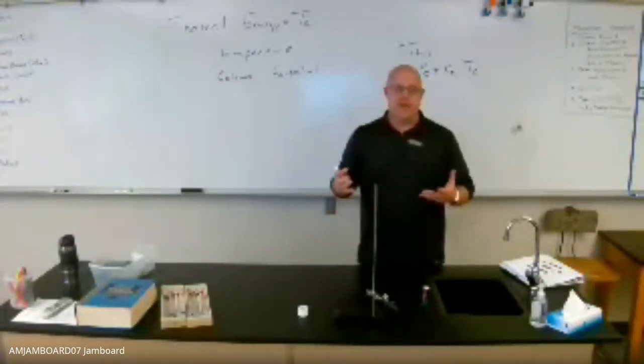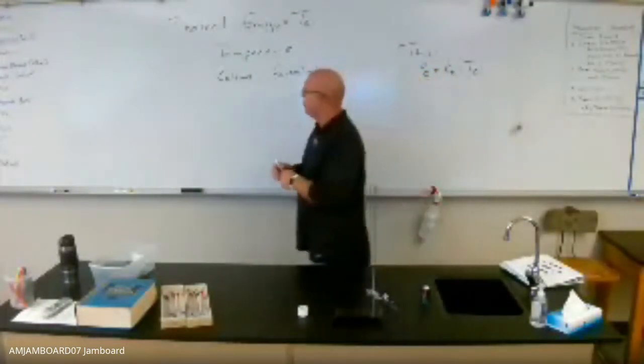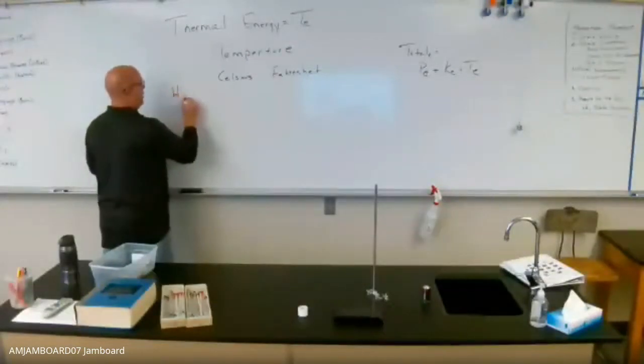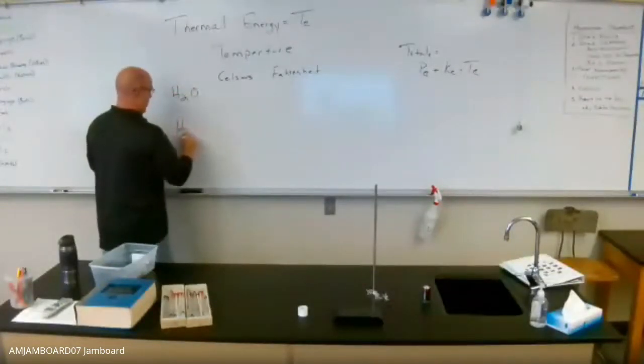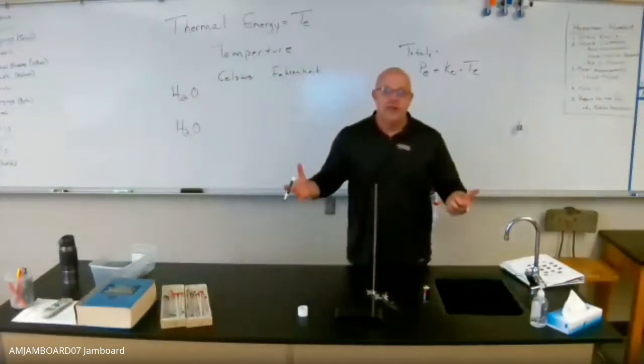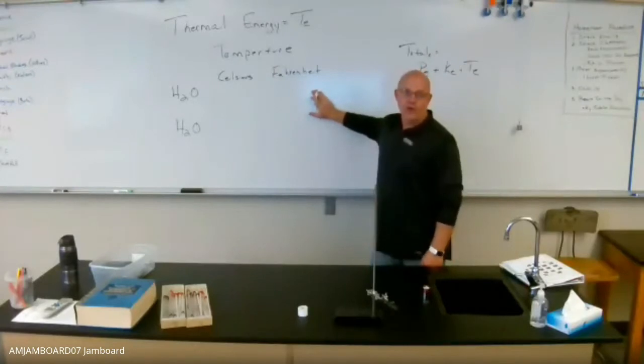You can't just take a thermometer and say, ooh, it's hot. You need to actually measure something. And the best way to measure something is we base both these on H2O. And for those of you who don't know what H2O is, water. So both these scales are based on water freezing and water boiling.